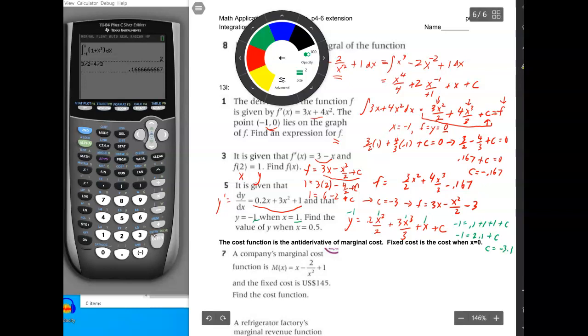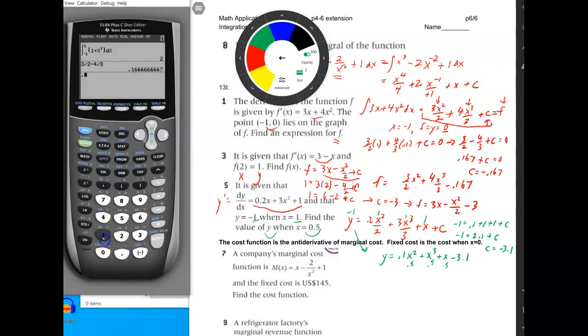So then I can rewrite my y function as y equals 0.1 x squared plus x cubed plus x minus 3.1. And then they want to know, find the value of y when x equals 0.5. So now I'm just going to put 0.5 in for x, here, here, and here. And then I'm going to see what I get. So I'll just do that with the calculator.